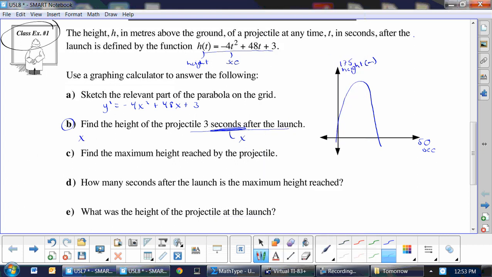So when we write this, we say h at x is equal to 111. So the answer is 111 meters. Okay?